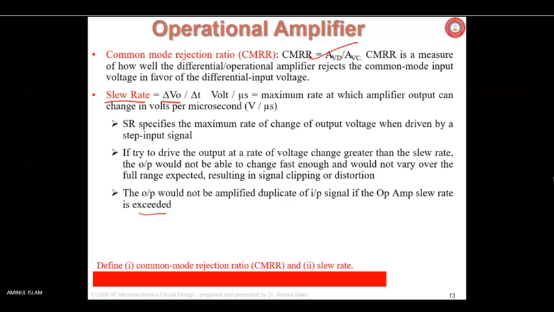If somebody exceeds this slew rate, then you may not get the proper output. There will be some clipping, or it will not be the amplified duplicate of the input, some distortion will take place. So slew rate is one of the important characteristics of an operational amplifier.